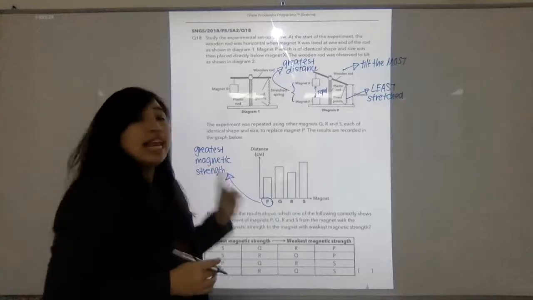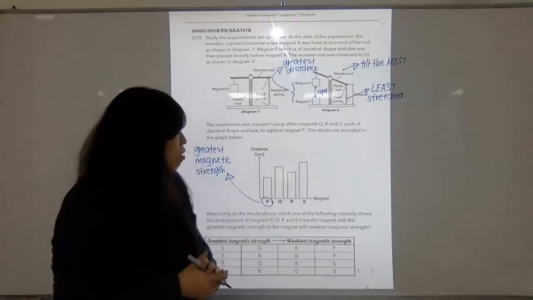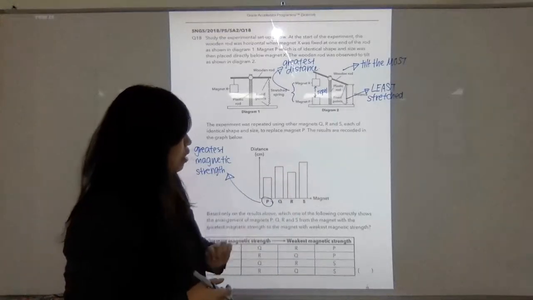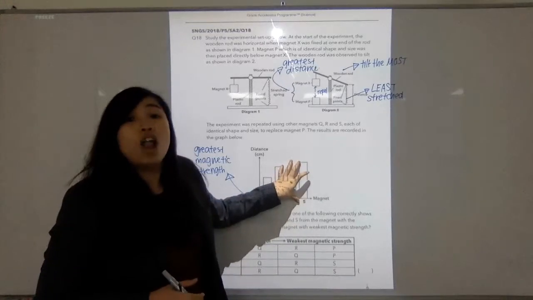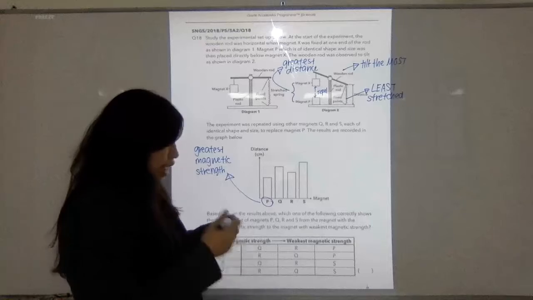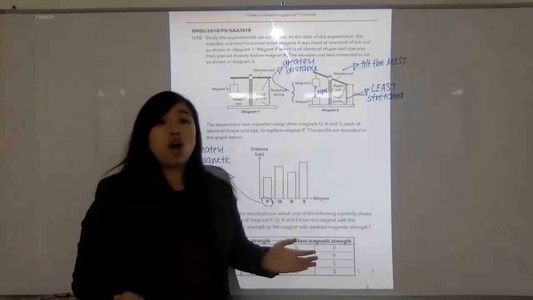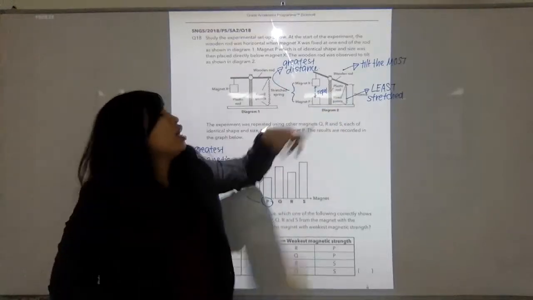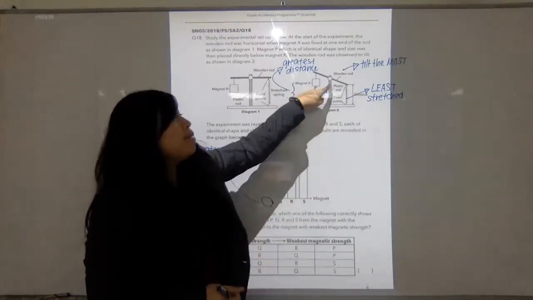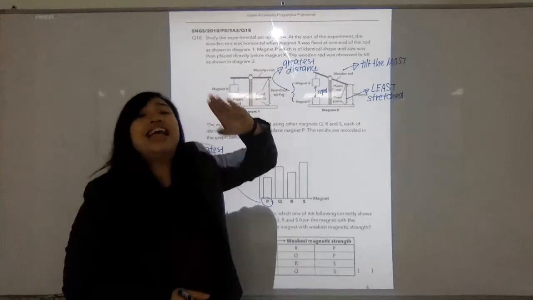In that case, let's take a look at the other end of the spectrum. We have magnet S over here, and when S was used, the length of the spring was the longest or the greatest. In that case, if the length of the spring was the longest, this means that it was the most stretched. If it was the most stretched, it means that the wooden rod tilted the least.